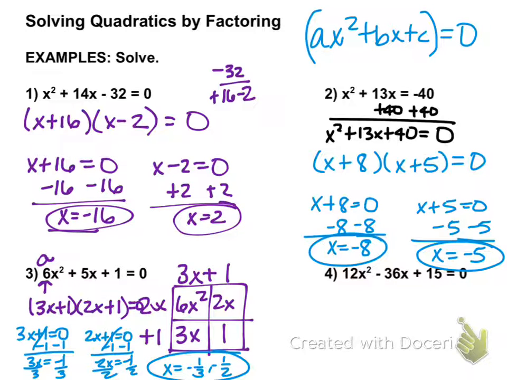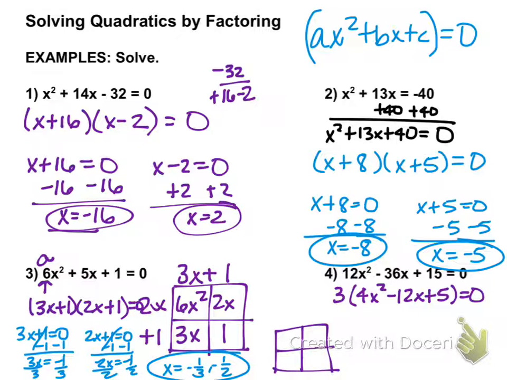All right, so last example here. Hopefully you can see that there's a greatest common factor of 3. Factor that out. So I have 4x squared minus 12x plus 5 is equal to 0. So now I can find factors of 20 that get me to 12.